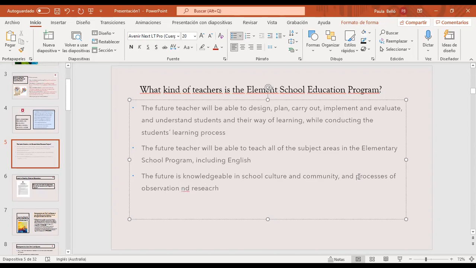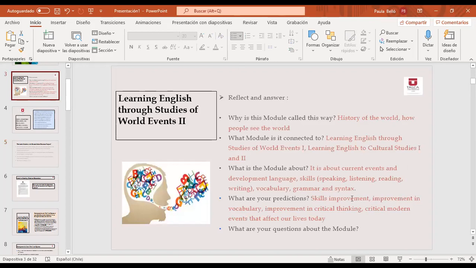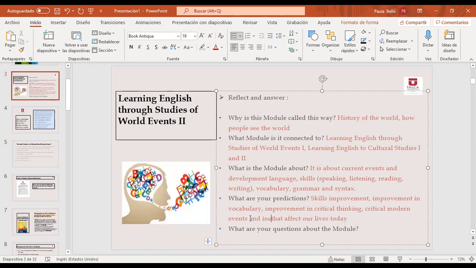Maybe the capacity to update us about how is education, how will be education in the future to us. Yes, the future teacher is knowledgeable, is updated, ¿sí? Está como actualizado siempre. Is updated in critical issues, as we said at the beginning. So critical modern events and issues that affect, so you will always have to be updated with current events and issues and problems.